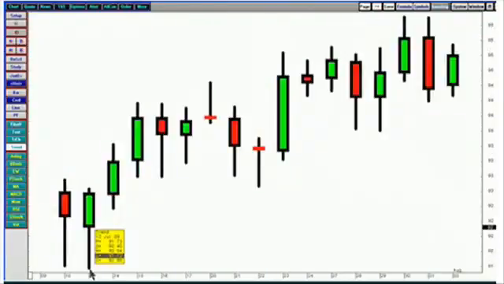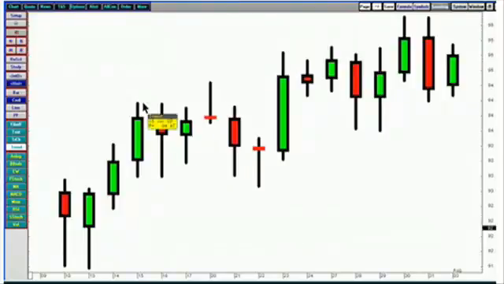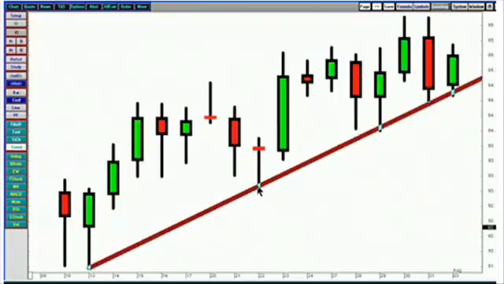Now here we see a section of this up and down trend I just showed you, and you can see here that we clearly have higher highs, each high being higher than the one on the left on the chart, and higher lows, this one higher than that one, and then this one. And if you want to correctly draw a trend line, what you need to do is connect up the lowest point of your chart with the next higher low, and ideally you don't want any price action to go through that trend line.